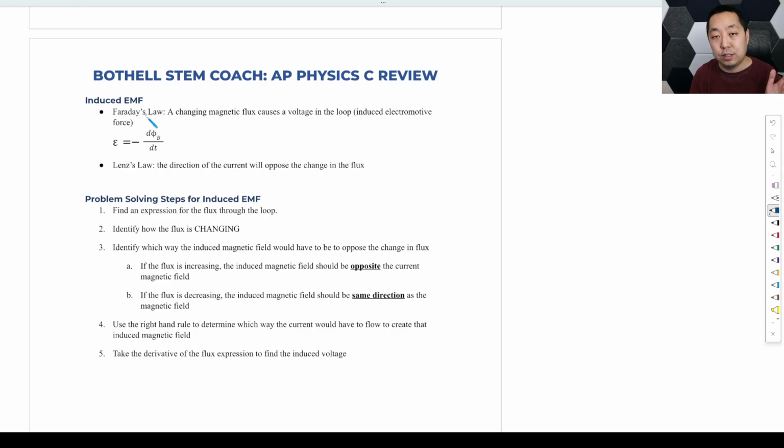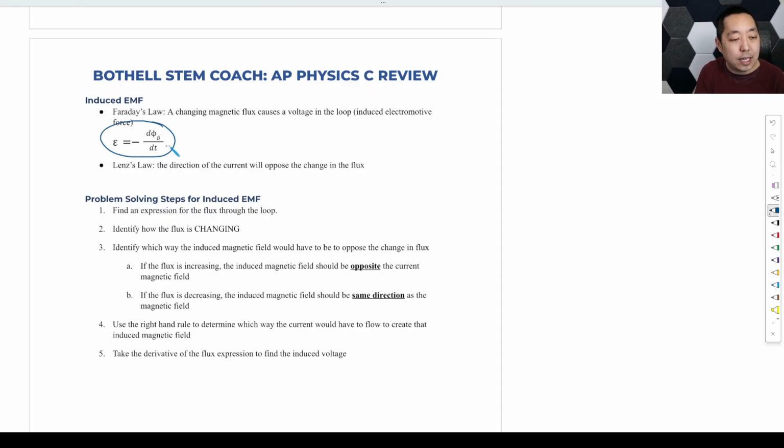Ultimately, electric fields are related to a potential difference. So the changing flux through a loop creates a potential difference throughout that loop. That's the main idea: a changing magnetic flux in a loop. It doesn't matter what the flux amount is, it's the fact that it's changing. The amount of flux changing through that loop creates an induced voltage.